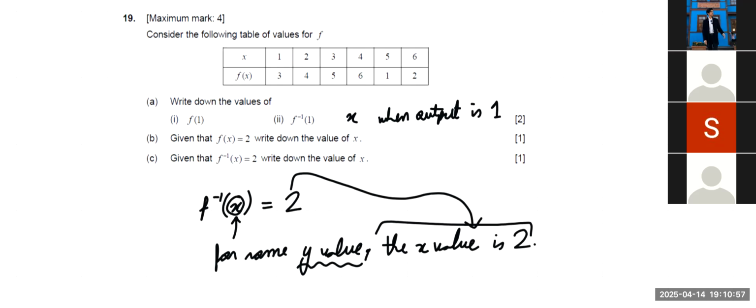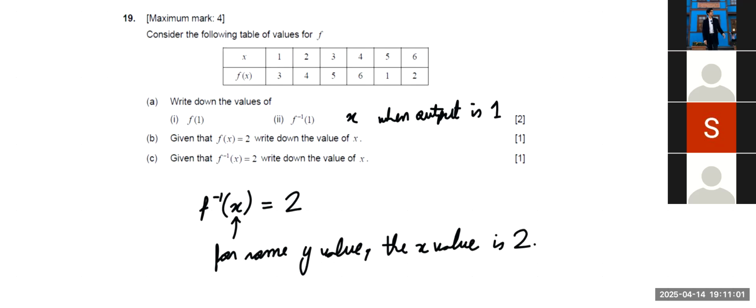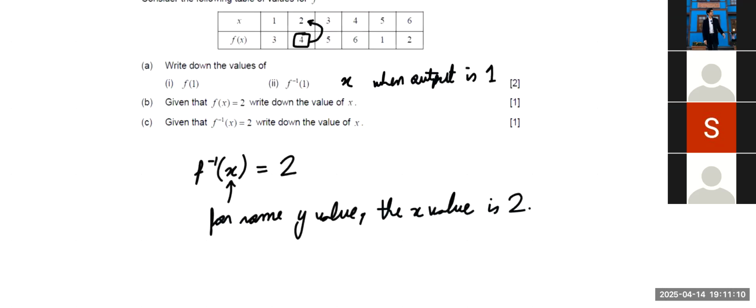So what is the y value that has an x value of 2? This one. See? This y value gives you an x value of 2. You see what I mean? So for which y value? For x equals 4. We have to say x because an inverse, of course, it takes a y value, but the name is still x. That's the confusing part.